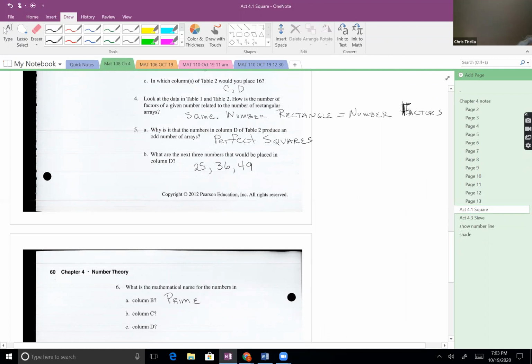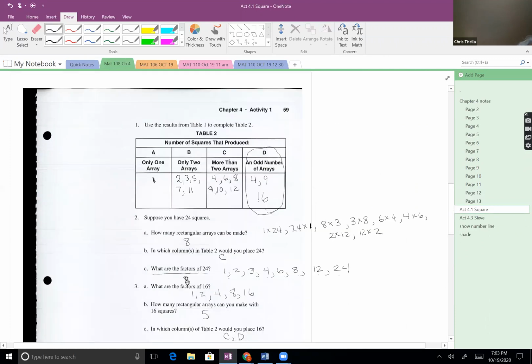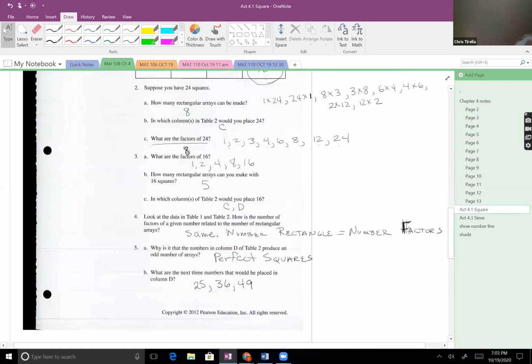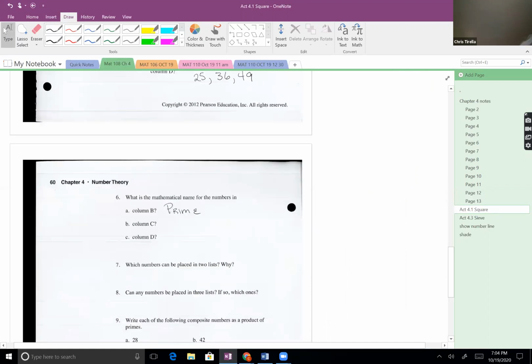Now the ones in column C had more than 2 factors. Does anybody know the name for a number that has more factors than 1 and itself? Has anybody heard of composite numbers? And then column D would be our squares.